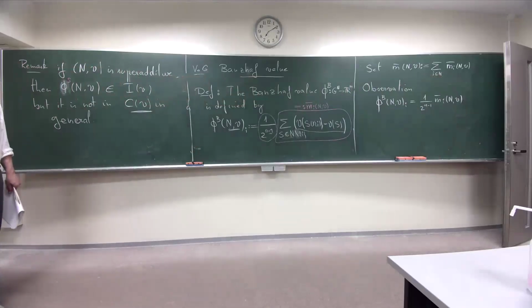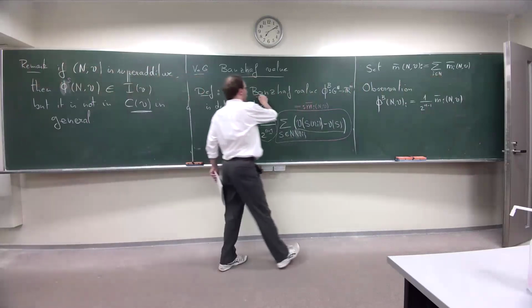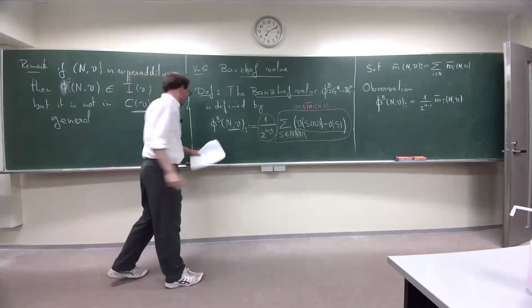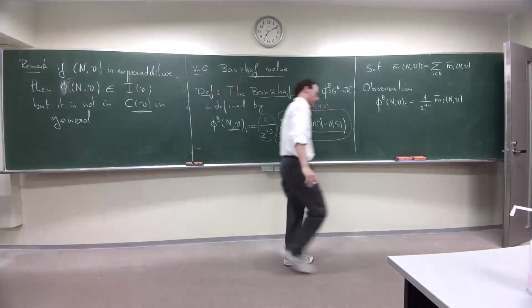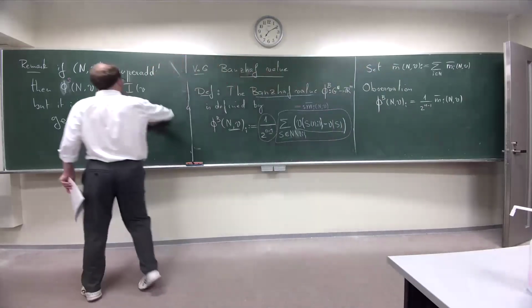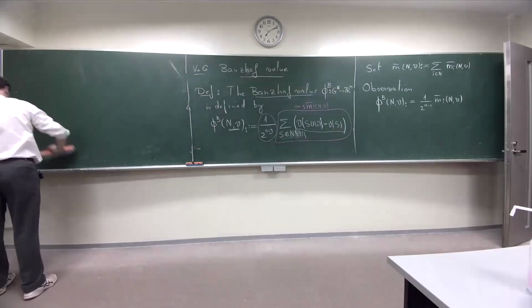And now the theorem about this Banzhaf value. Again, what are the properties of this allocation rule? So, theorem.